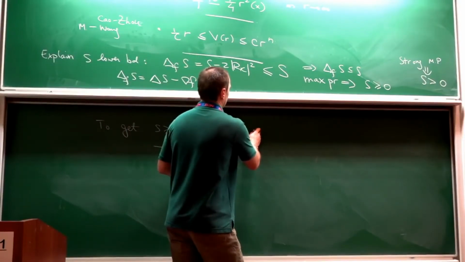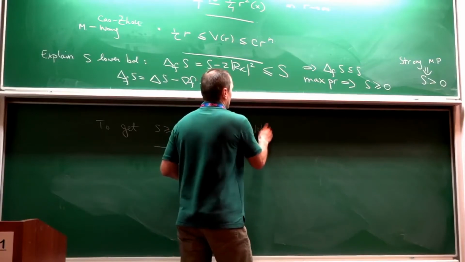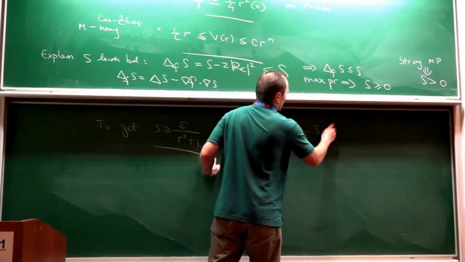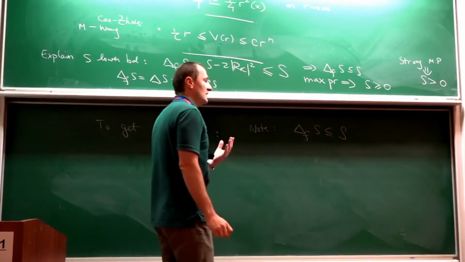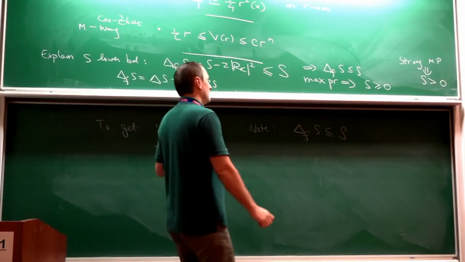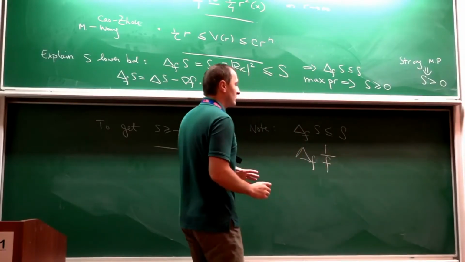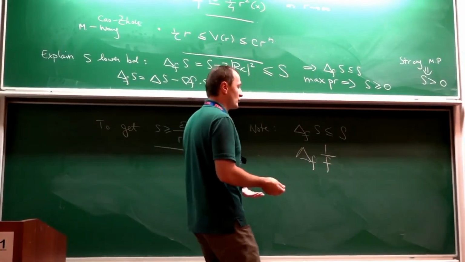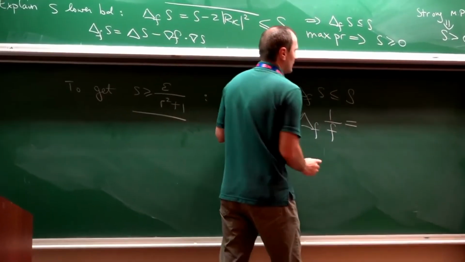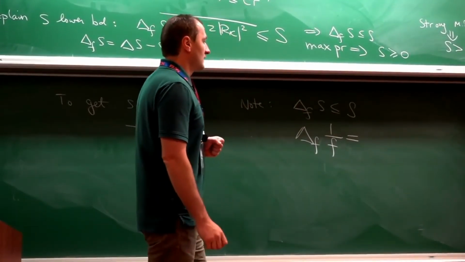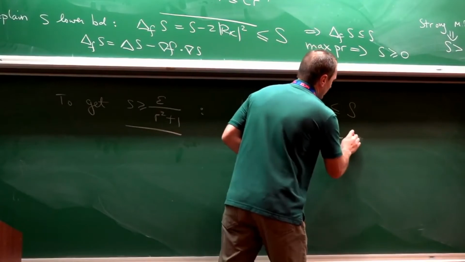On one hand, I have that this is less than S. So I'm using the same formula as before. On the other hand, if I compute the Laplacian of 1 over F, and I'm going to skip this computation, but it's a quick one, this one is not equal, but it's almost.